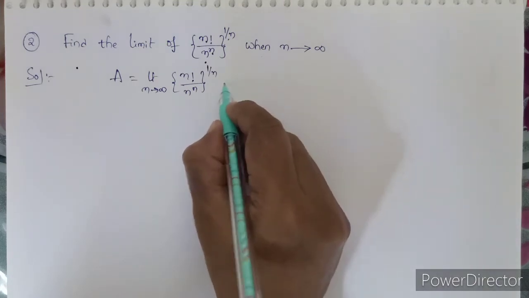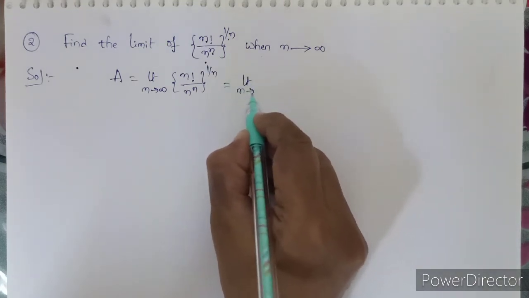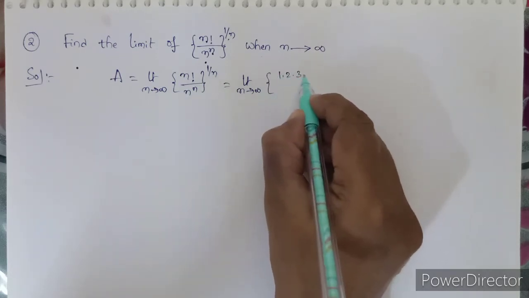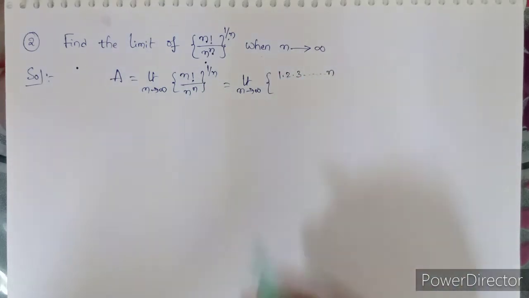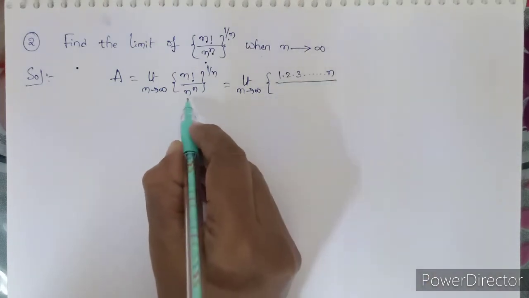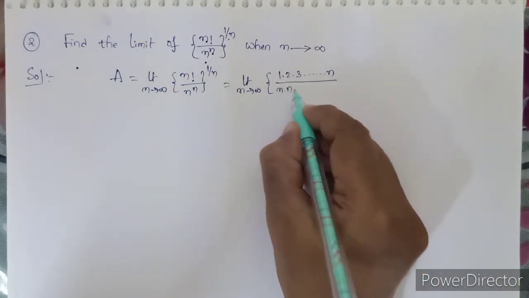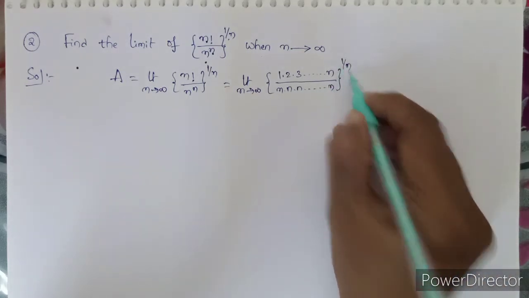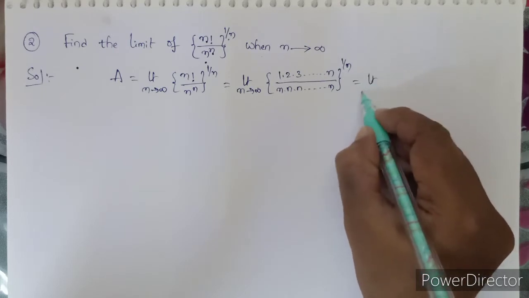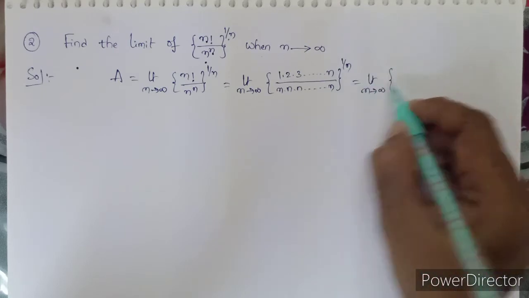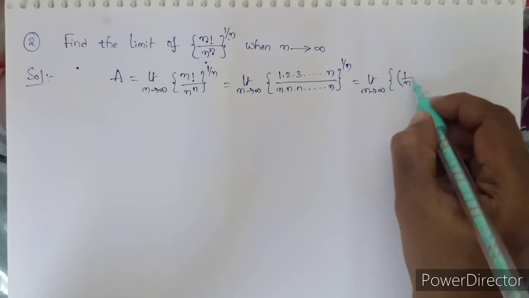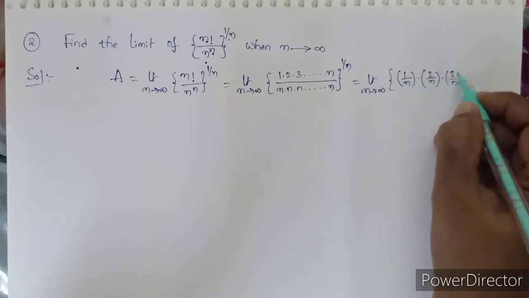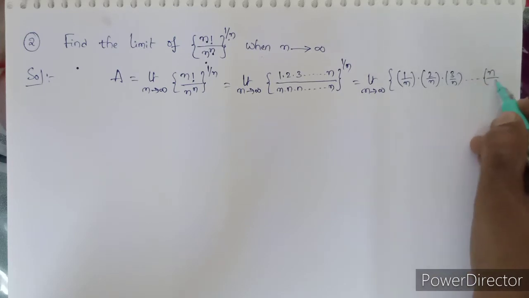I will write it as limit n tends to infinity n factorial 1 into 2 into 3 into 4 into 5 into up to n by n power n, we write it as n into n into n into n into n times, power 1 by n. Limit n tends to infinity, we write this as 1 by n into 2 by n into 3 by n into n by n.